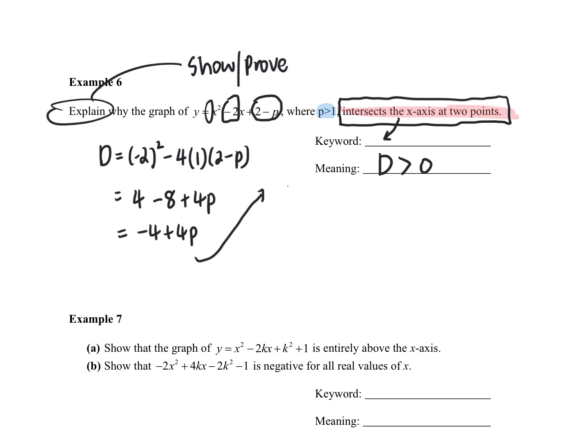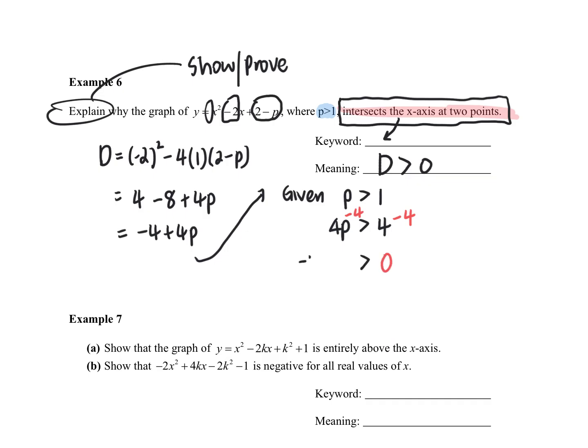So you can write, given that P is greater than 1, 4P would be greater than 4. Okay, I want to make use of this to link it to my D. So I'm still short of a minus 4. So if I subtract 4 on both sides, then this becomes 0.